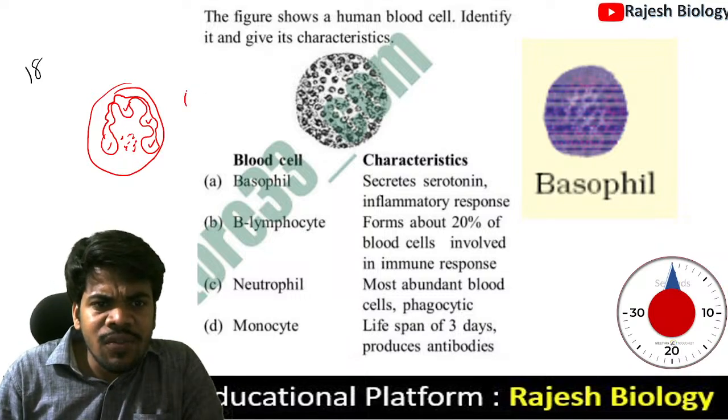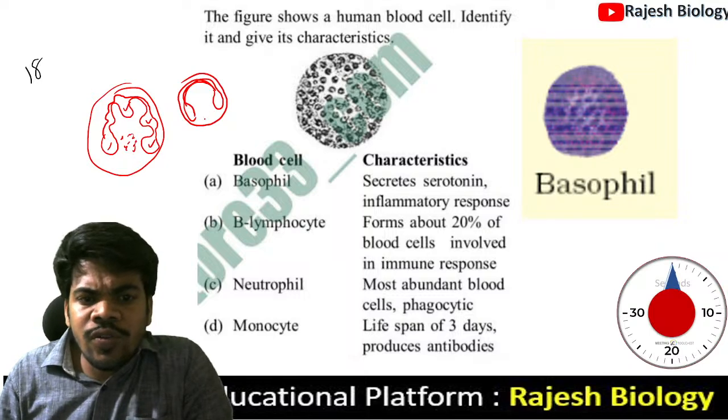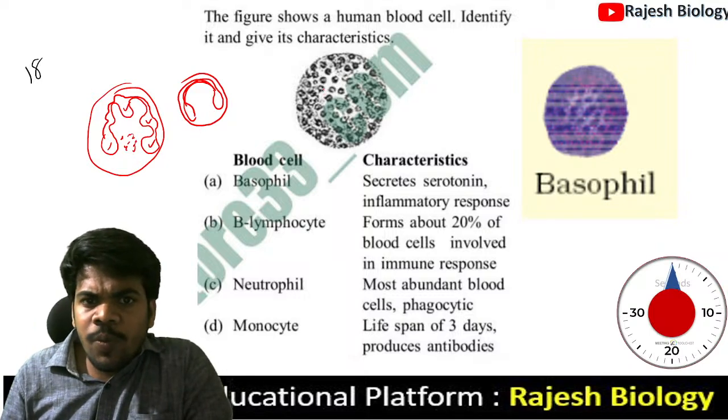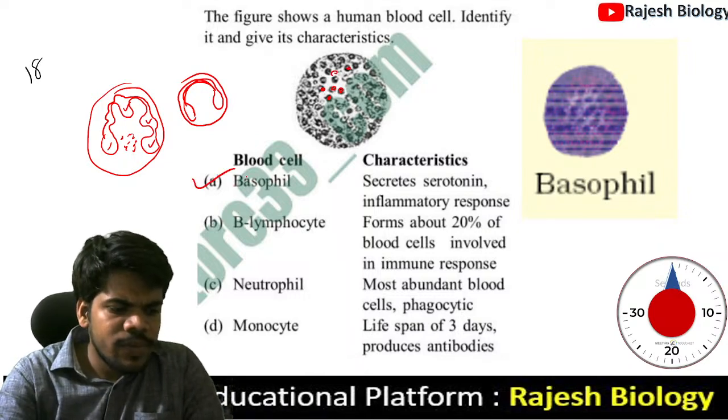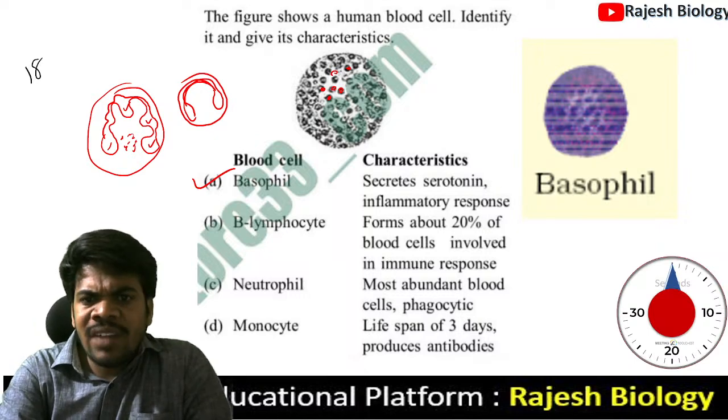If there is a headphones-like structure, that is eosinophil. If so many thick, very big granules are there, that is basophil. It secretes serotonin, inflammatory response.